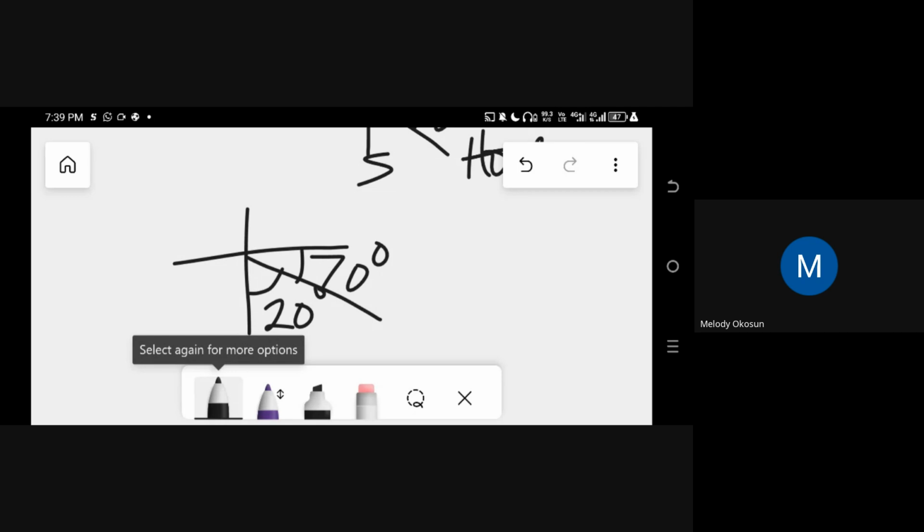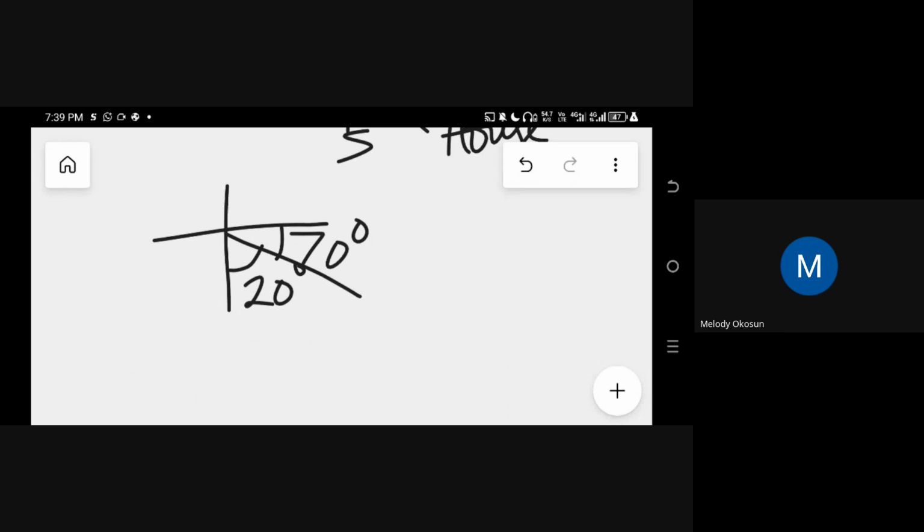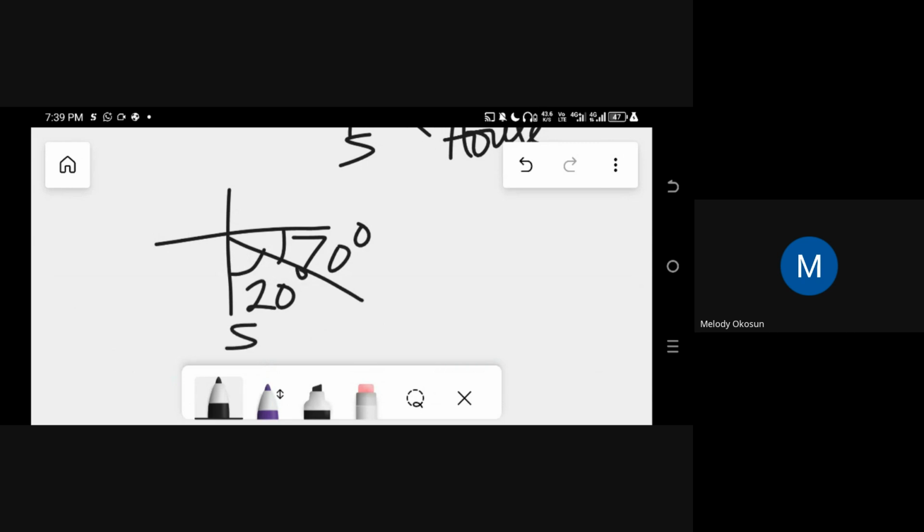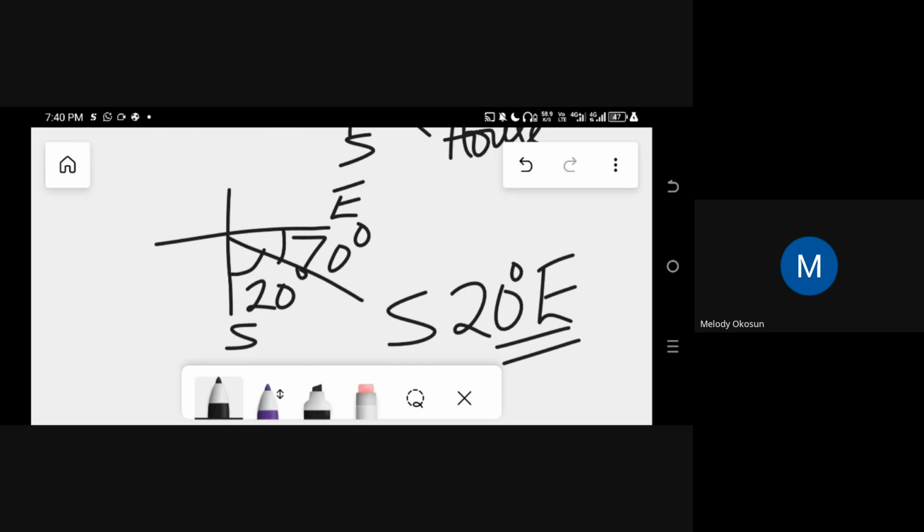And it is that one that is touching your south. That angle that is touching your south is the angle you will pick. So this bearing here is south 20 degrees east. This is the correct answer.